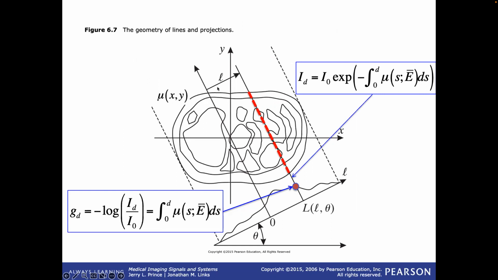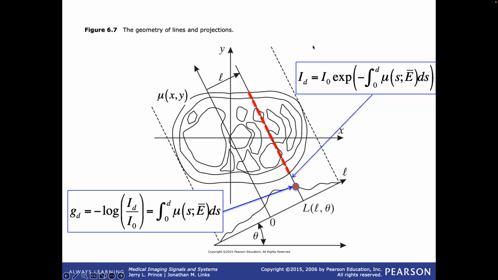I'm going from my entry point at 0, and I'm going to run an integral all the way down to D, which is down here. And it's along this line S, right? And then I add up. I do that integration of that exponential factor to get how much total attenuation occurs.